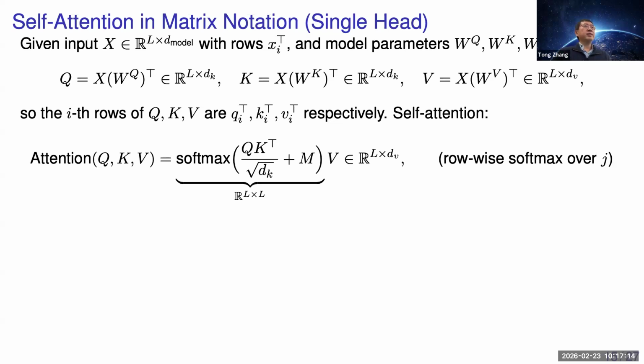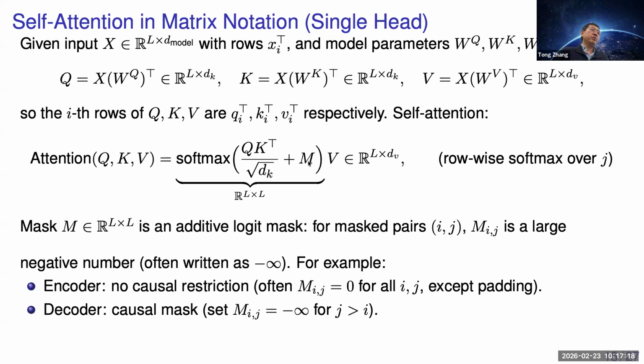How do you do causal attention? Using the same thing, but using the attention mask to achieve causality. So right now it's L by L, so every token attends to every other token. It's a self-attention. And this one is parallelizable because it's just a matrix multiplication.